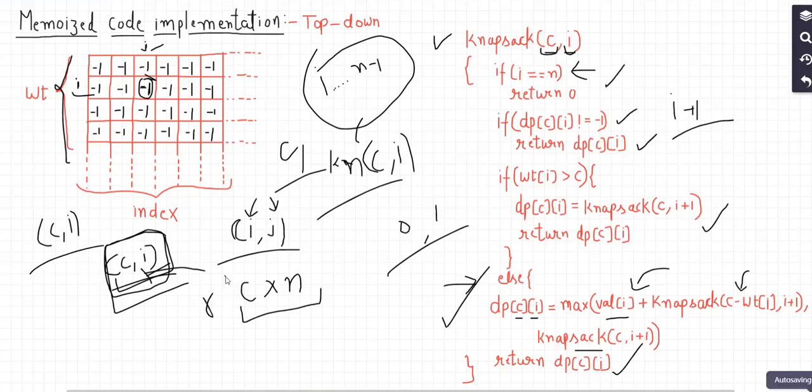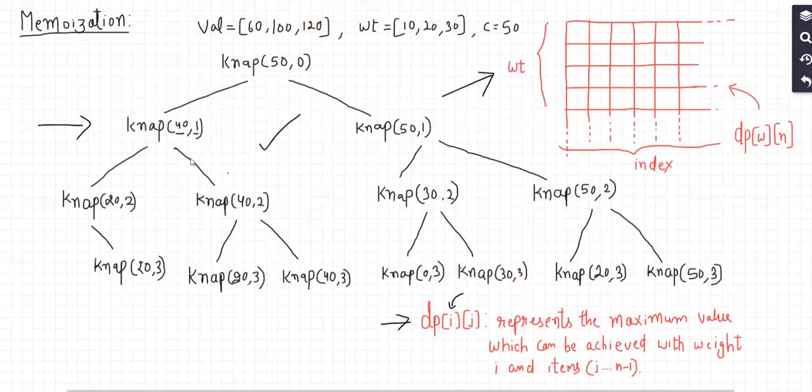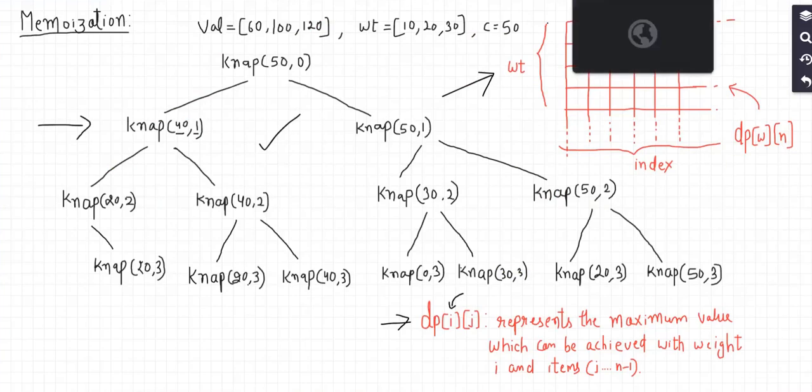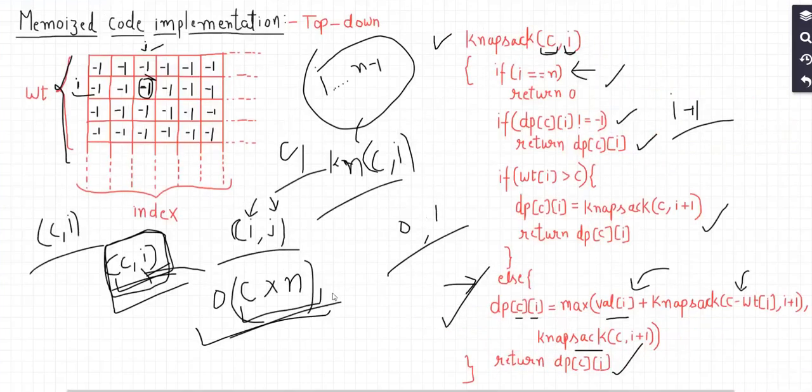So that is the time complexity, O(C times n). We would have unique pairs.